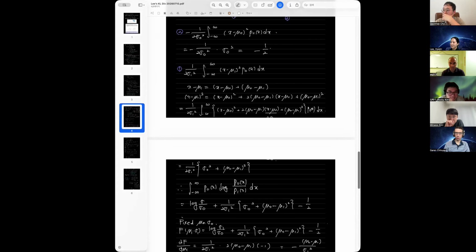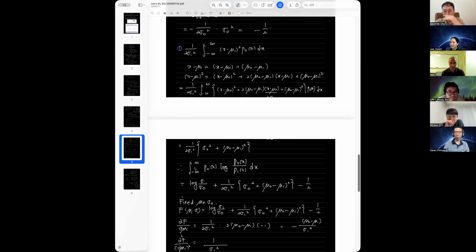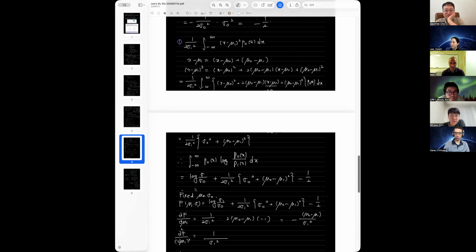Then, oh, sorry, there is a cut. We can easily get these terms out, and the constant comes out, and the result of the first term is like this.